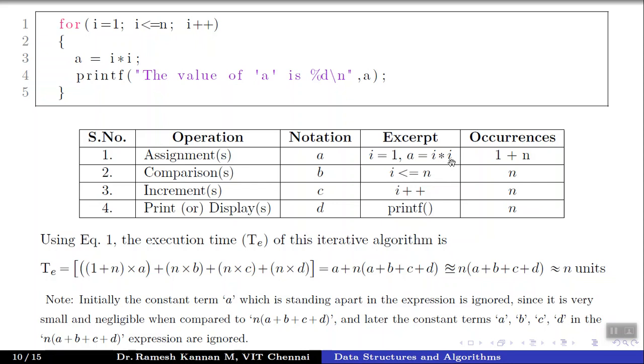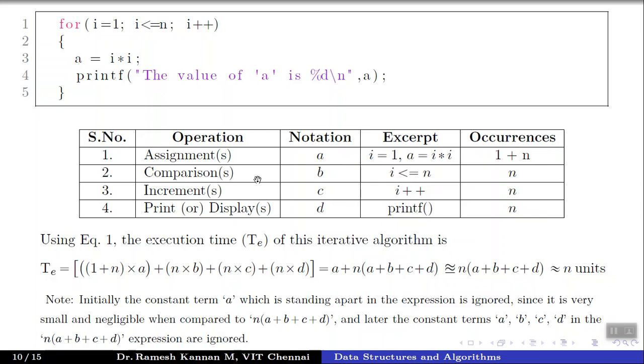A equals I into I we have written only one time, but it will execute n times, as I ranges from 1 to n. So the occurrence of A equals I into I is n times. Thus the assignment operation happens 1 plus n times.